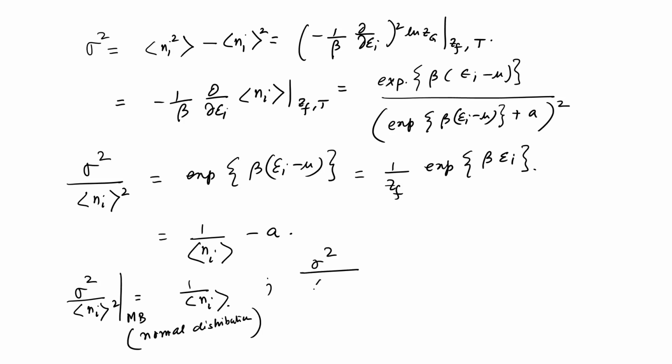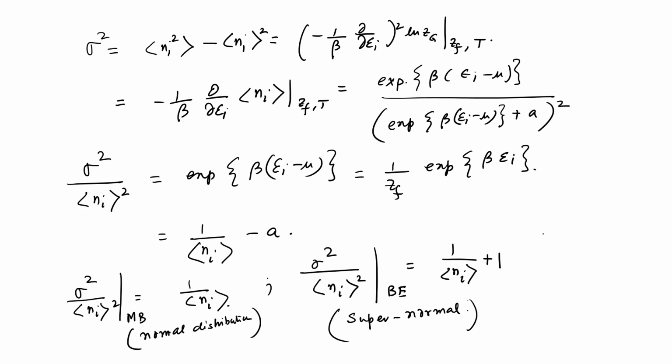Then sigma square by n I average square, for the BE, is 1 by n I plus 1, and this is called the supernormal distribution because it is plus 1, that is why it is called supernormal distribution.